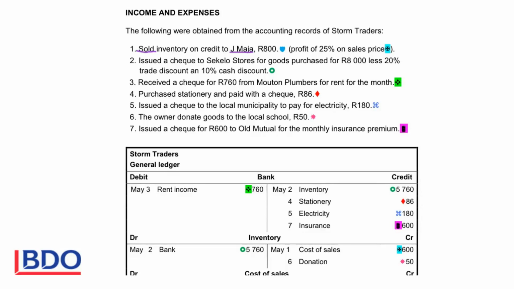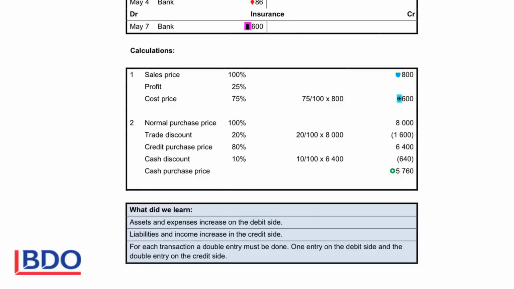A profit of 25% on sales price is made. If the profit is on sales price, then the sales price equals 100%. The profit is 25%. So the cost price must be less than the sales price because we made a profit. So the cost price will be 75% of the sales price.